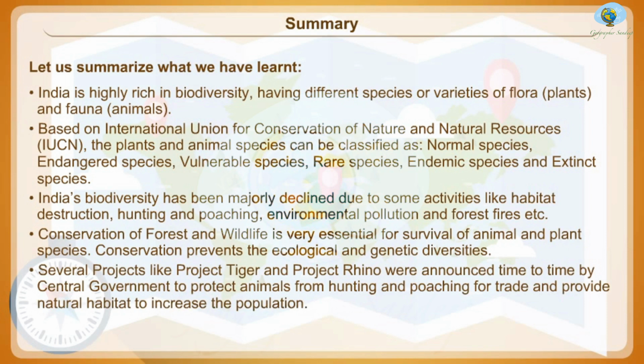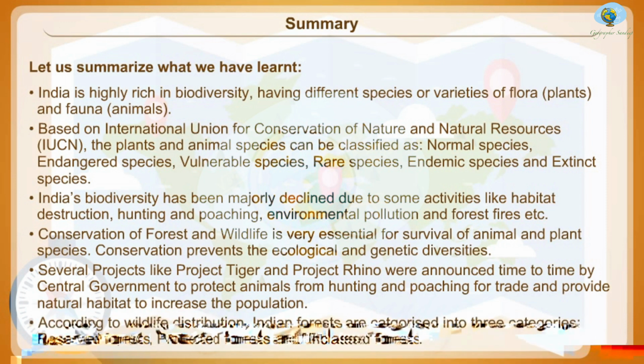Several projects like Project Tiger and Project Rhino were announced time to time by central government to protect animals from hunting and poaching for trade and provide natural habitat to increase the population.